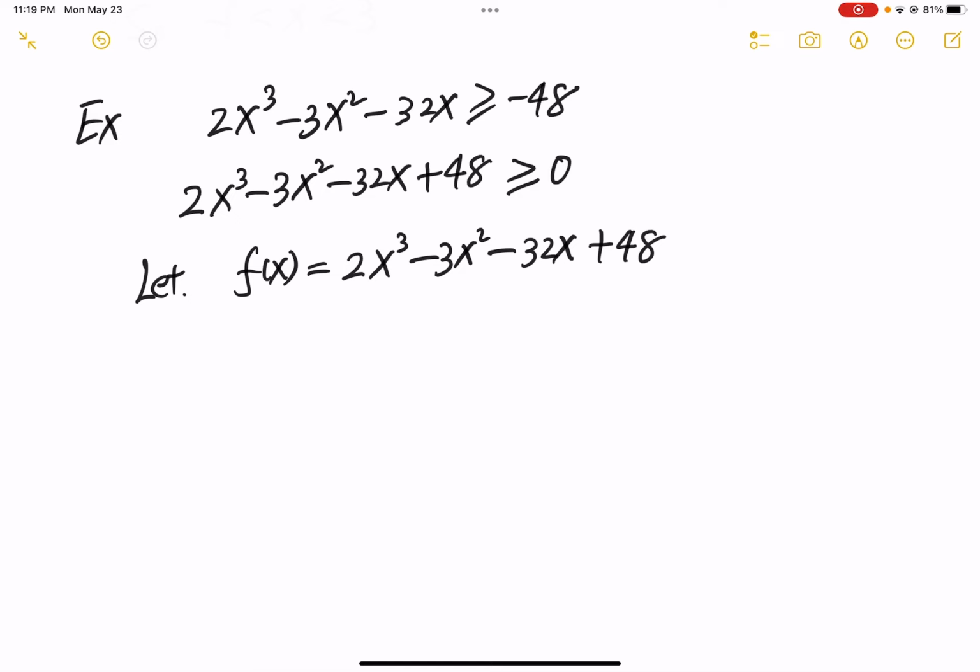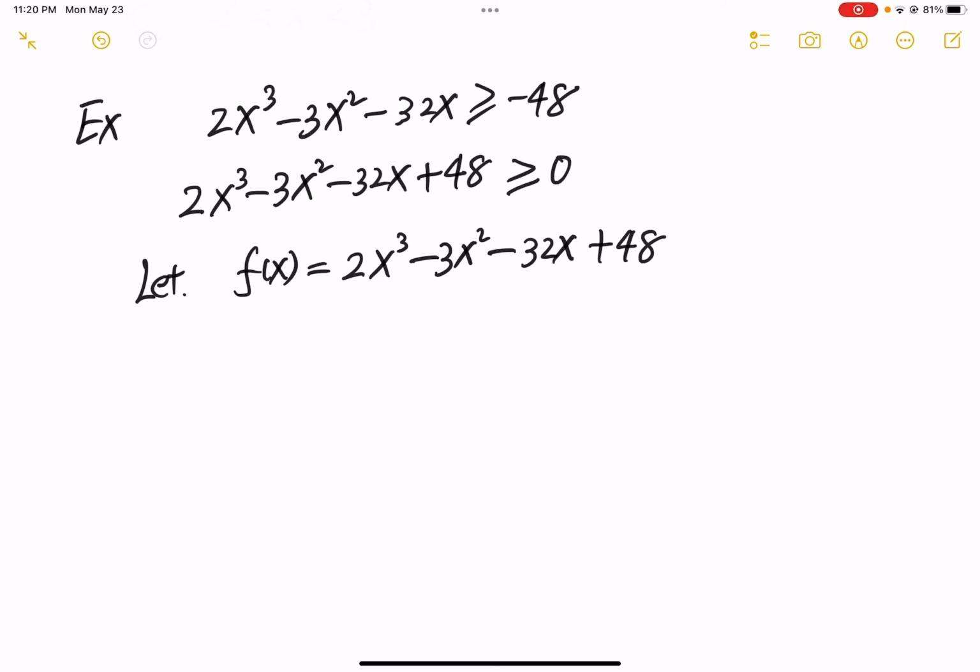One way is to just use the calculation technique to factorize directly. If you're not familiar with that, do you remember how to find the zeros for a polynomial function? We needed to find the rational zeros first, right?